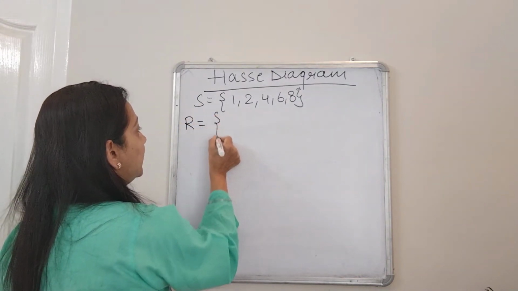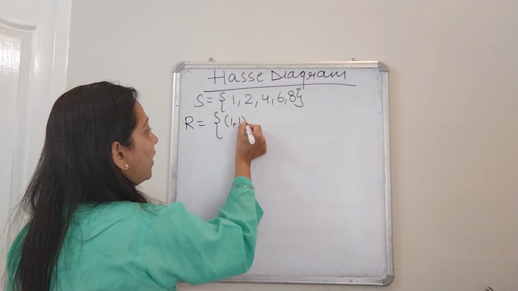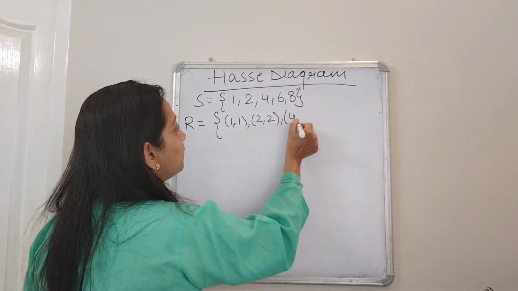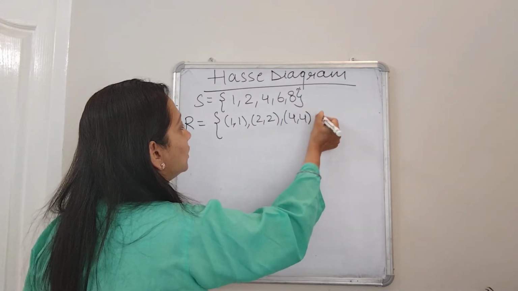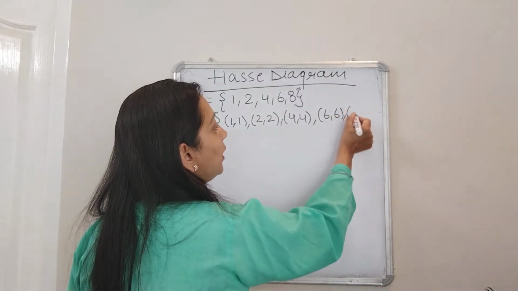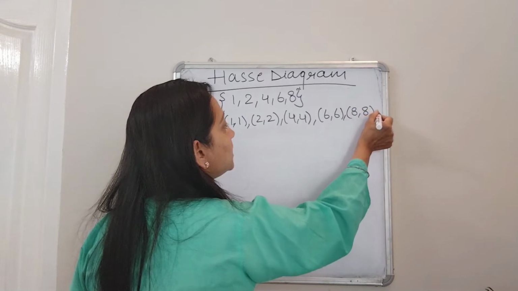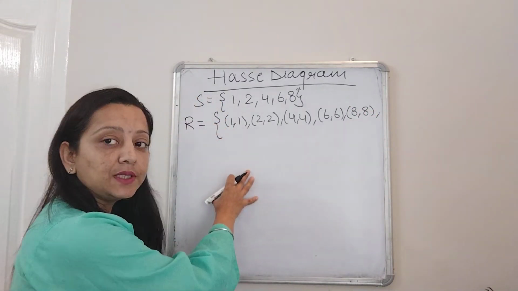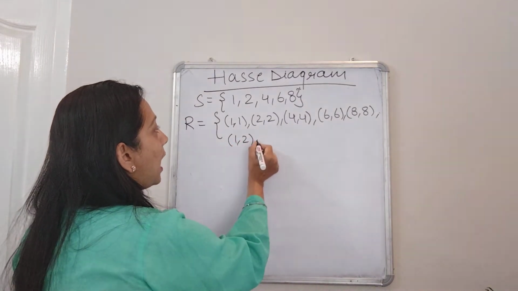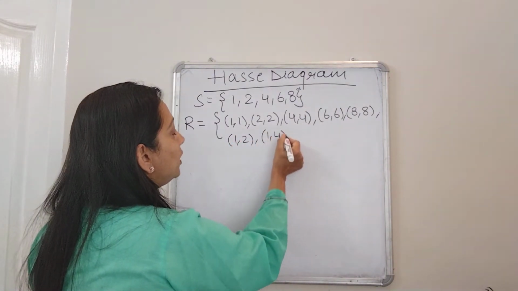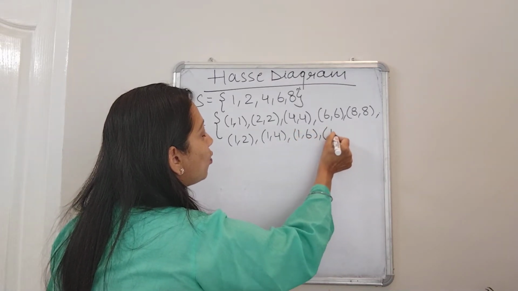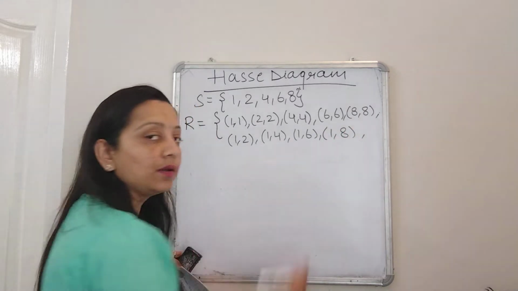I will have all these elements. First of all, I know that 1 divides 1, then 2 divides 2, then 4 divides 4, then 6 divides 6, I also know 8 divides 8. So first these ordered pairs I have taken. Then I know that 1 divides 2, 1 divides 4, 1 divides 6, I also know 1 divides 8, right?